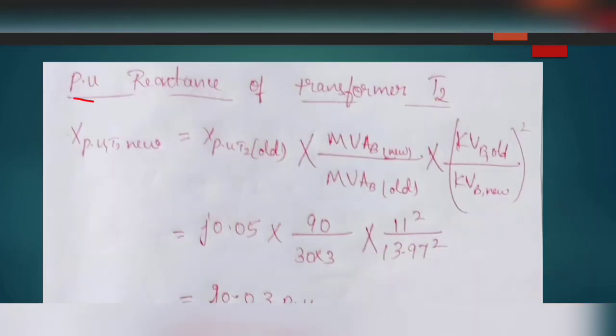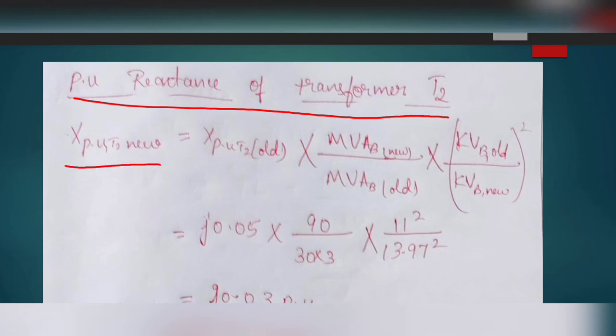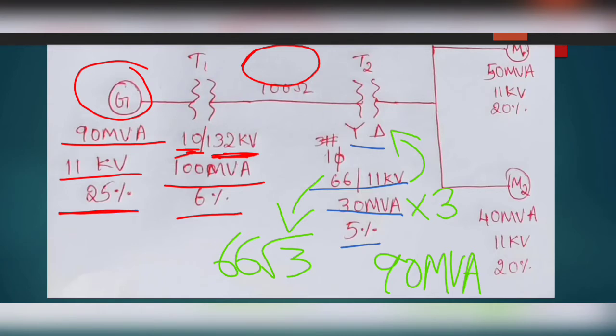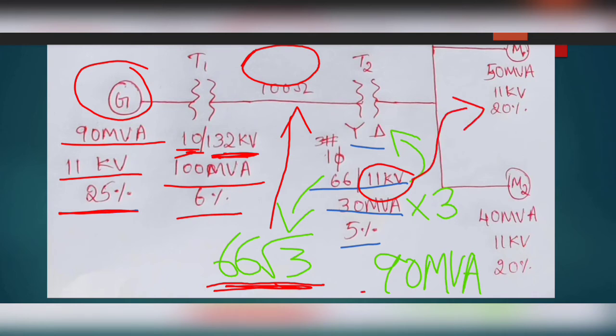Next is PU reactance of transformer T2. XPU T2 new is equal to, substituting the old values. The old value can be either 66 root 3 or 11 kilovolt. If the old value is 66 root 3, then the new value is the transmission line base. If the old value is 11 kilovolt, then the new value is the motor kV base.